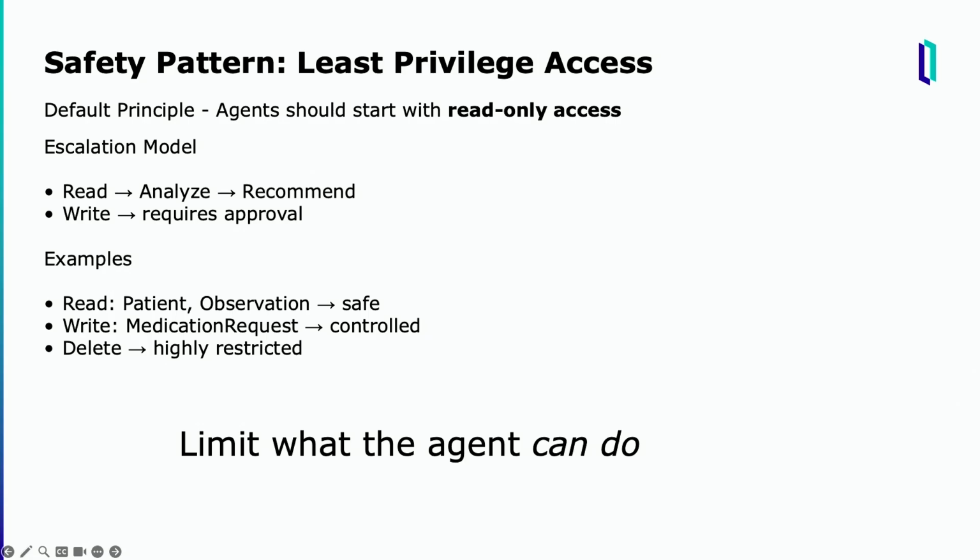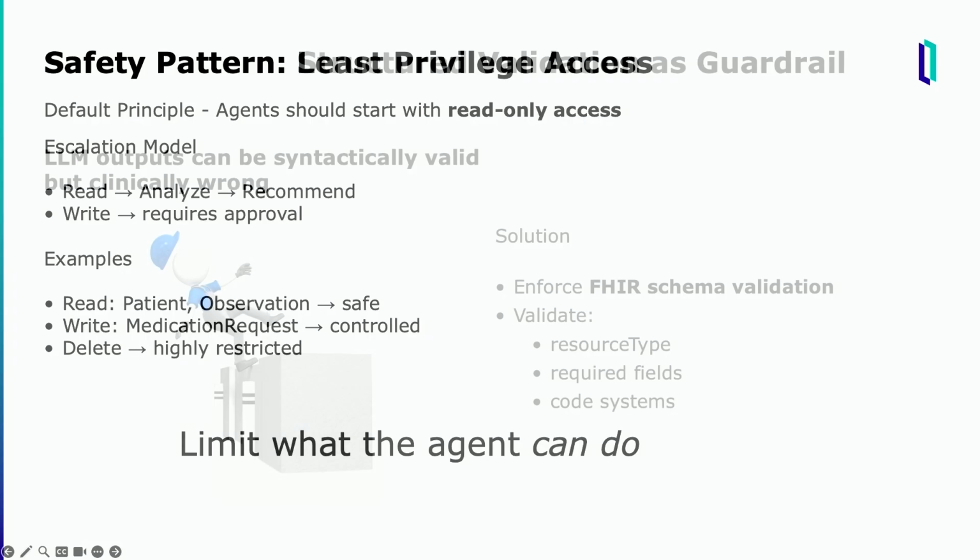Least privilege is one of the strongest safety defaults you could have. Agents should only begin with read-only access and gain additional capabilities after you've done a lot of testing and the workflow justifies it. That means read operations could be broadly allowed, while write and delete operations should be tightly controlled, especially in FHIR.